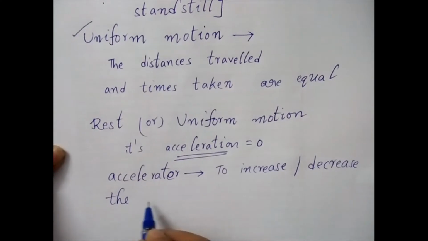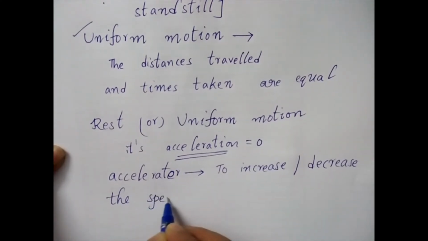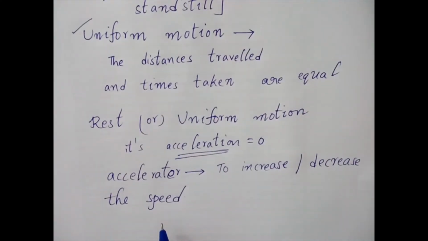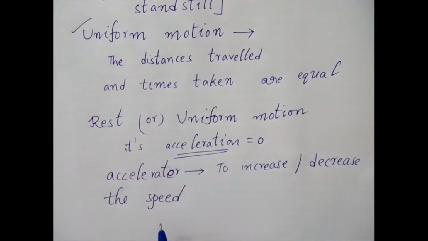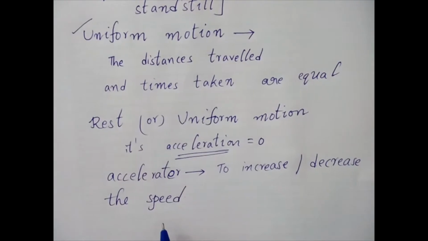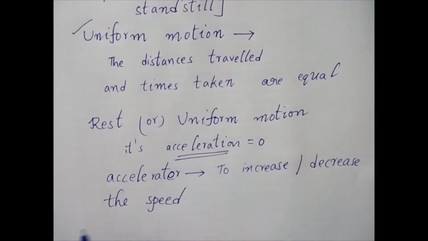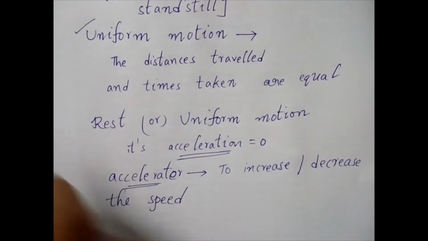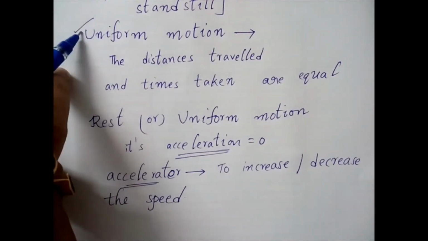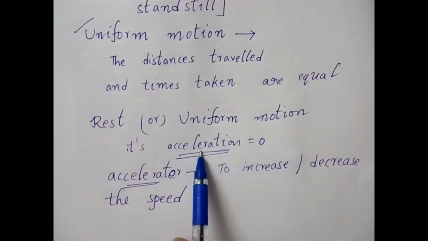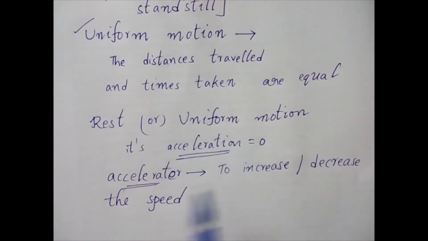You know, right? That is the reason whenever you are trying to increase or decrease the speed of the vehicle, you will use the accelerator. Yes or no? So remember these three things: rest, uniform motion, and when the body is at rest or in uniform motion, its acceleration will be equal to 0.